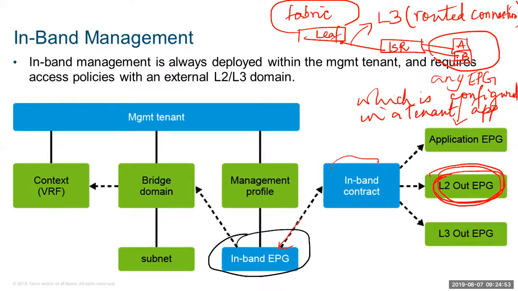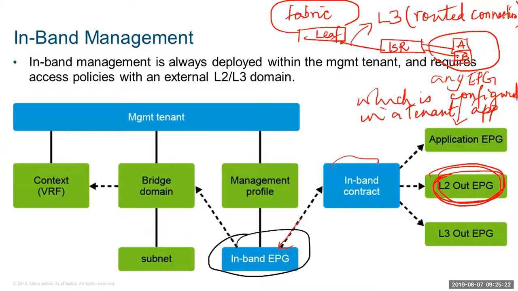If you're going to use in-band, the encapsulation VLAN that is used for the in-band EPG is used to create a sub-interface on your APIC. You've got to do that. Remember, in-band management is used not only on your switches, we're also going to have in-band management of the APIC.